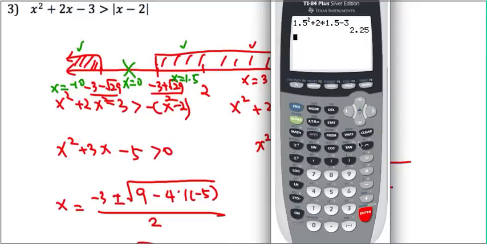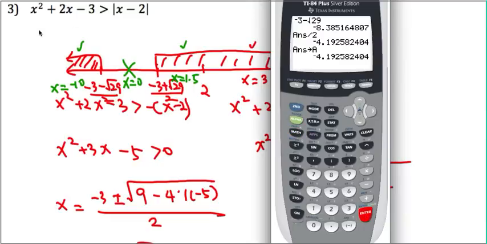To test that, I'm going to first plug in negative 3 minus square root of 29, and then divide by 2. So negative 4.19. I'm going to store that as maybe value A.